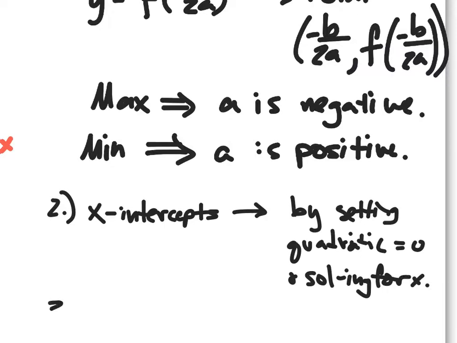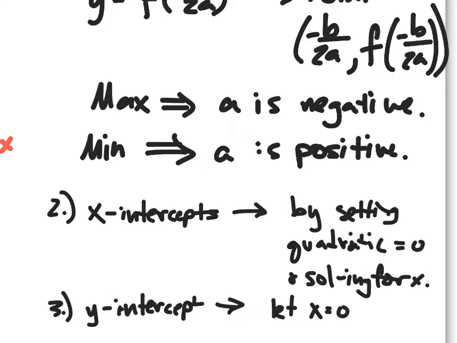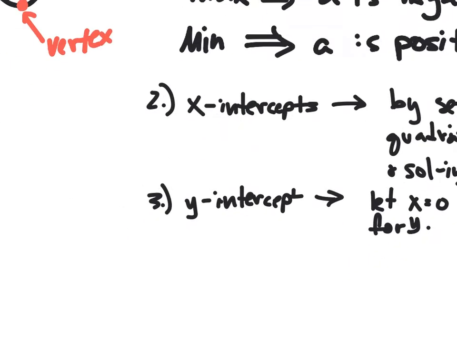Now, the third thing that you want to find is your y-intercept. And what you'd want to do for that is let x equal 0 and solve for y. So, not too terrible, not awful.